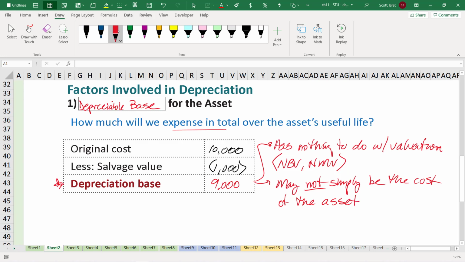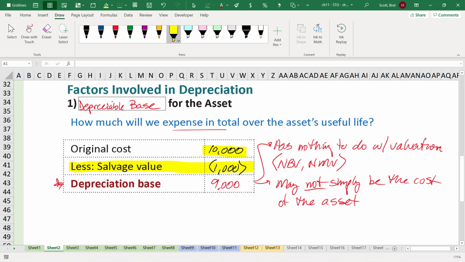In other words, yes, it's possible that we could have a zero salvage value, in which case we would say the depreciable base is the full 10,000. But that may be a bit aggressive in terms of expensing or costing away the asset.